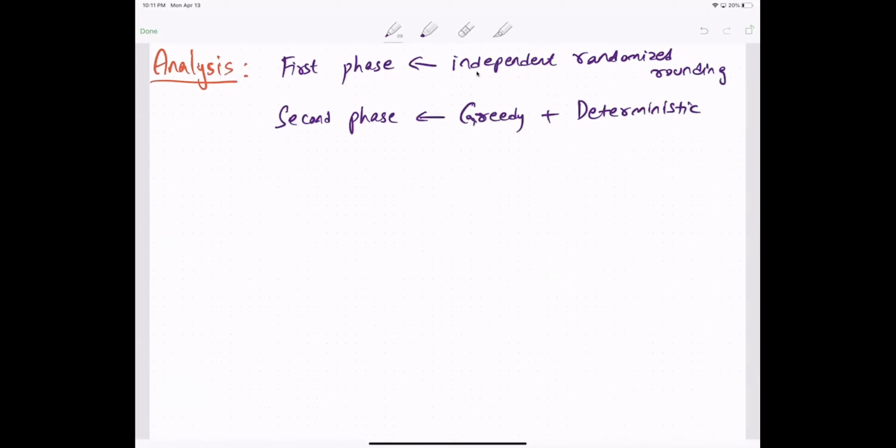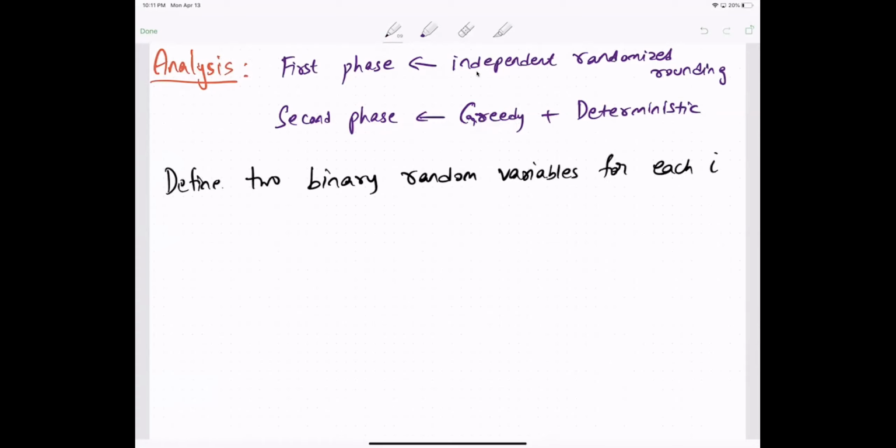So now we'll define some variables here. Two binary random variables for each i. Those will be yi and zi.